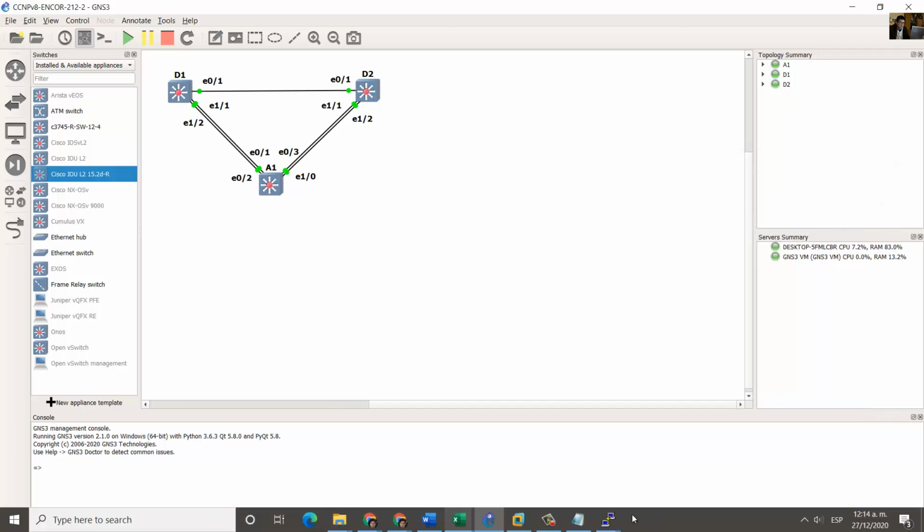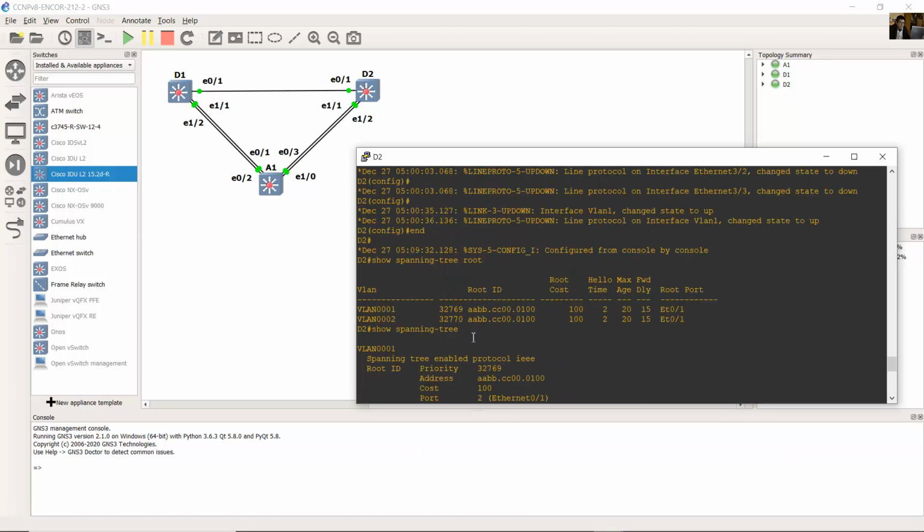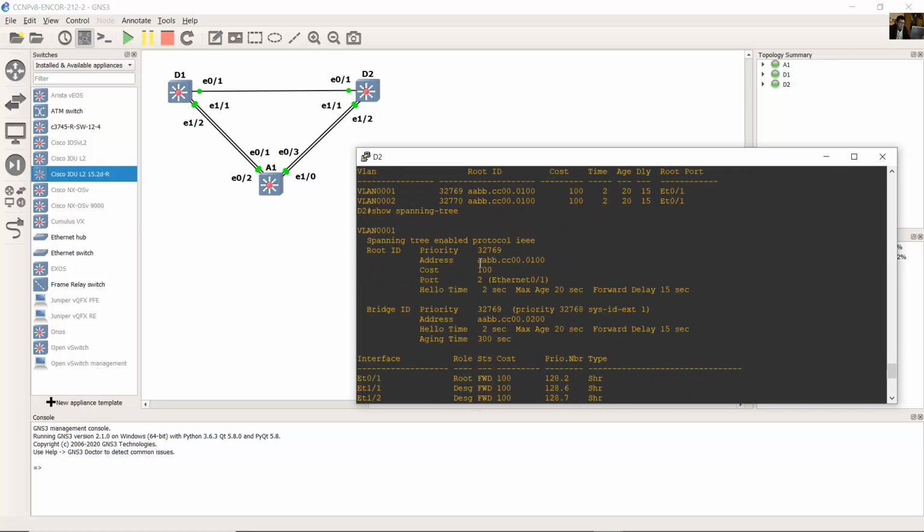Go to D2, show spanning tree, and now you can see here the bridge ID. This is AABBCC000200.